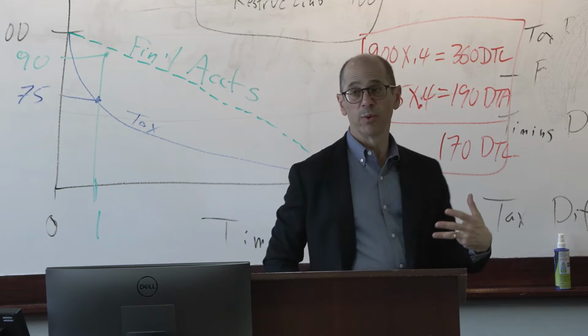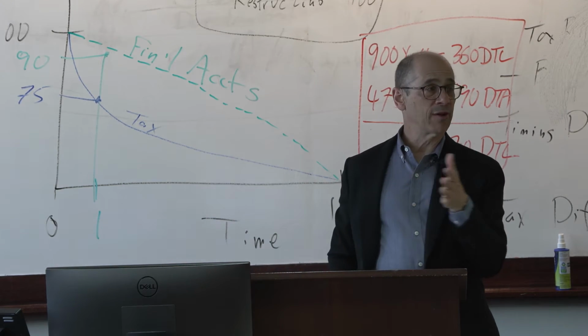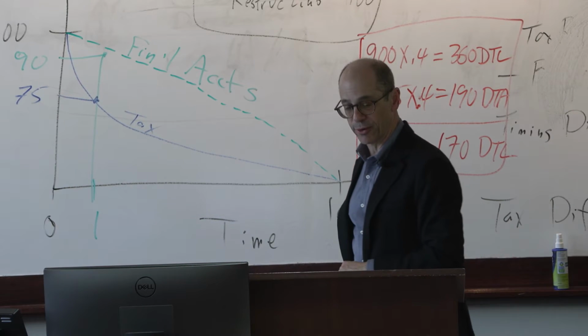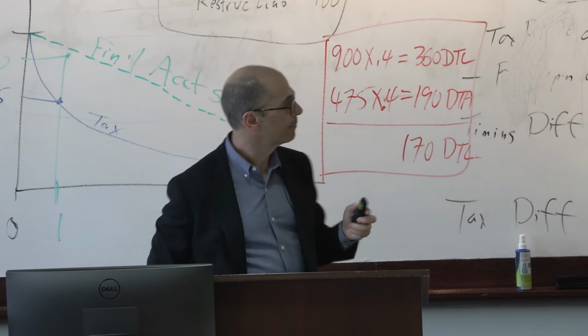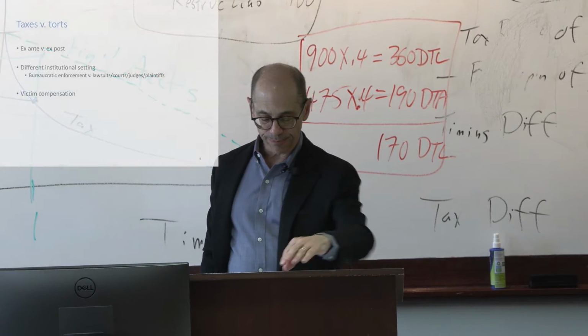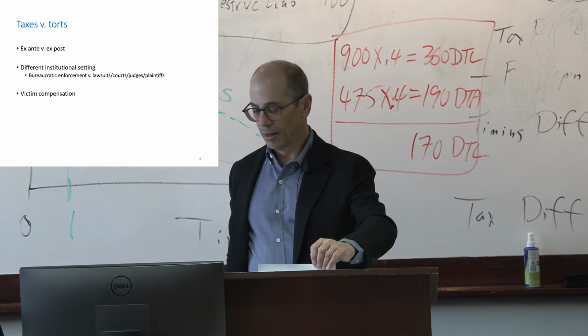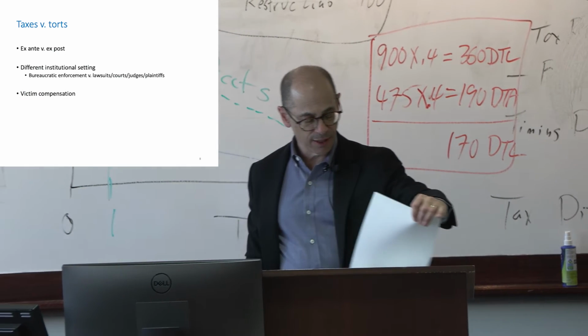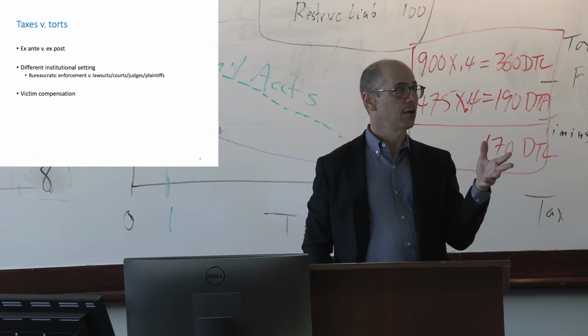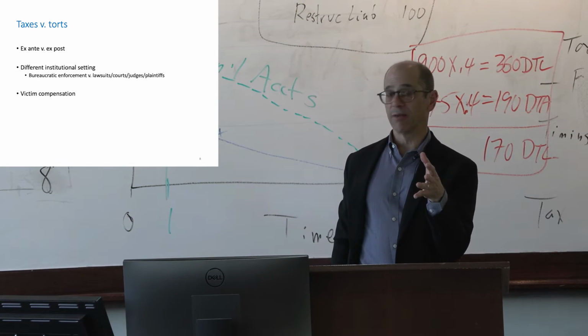So the first comparison we can make then is, what are the differences between taxes and strict liability torts? Why would we ever use one versus the other? One key difference, of course, is that with a tax, you pay when you engage in a harm-causing activity.